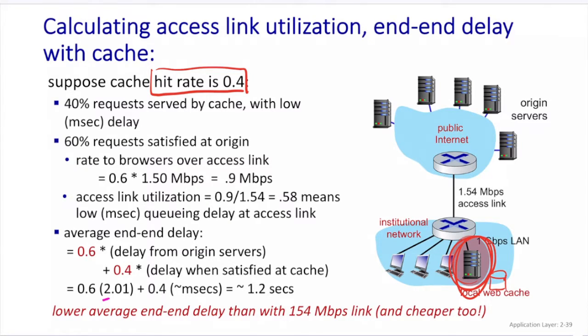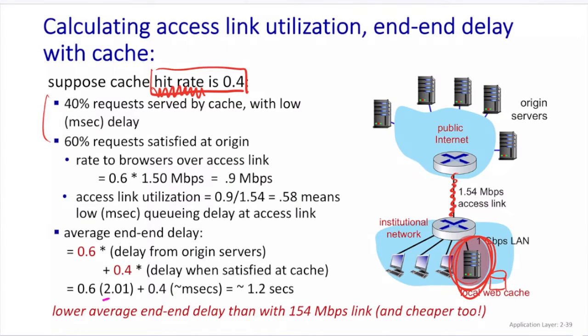So the hit rate here means 40% of requests can be served by the local web cache, and the 60% of the requests still need to go to the original servers to retrieve the objects and pass them through this very small access link.